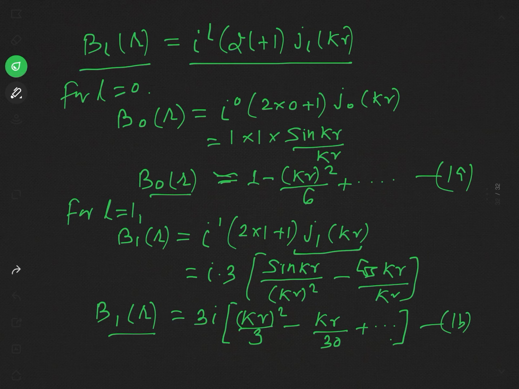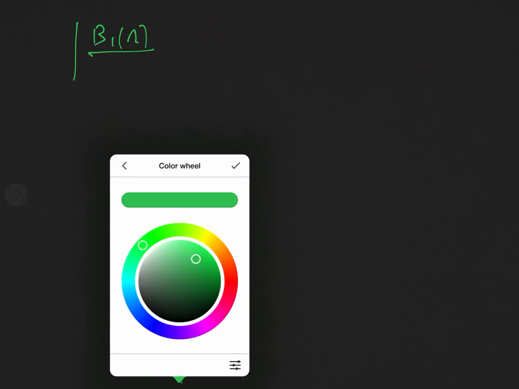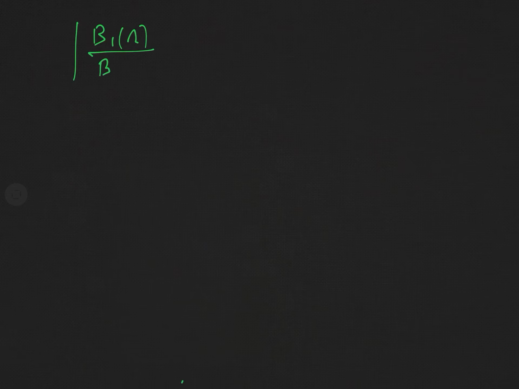Now we have to find how these two quantities are related. For this, let us find a ratio: the modulus of B1 of R over B0 of R, whole square.